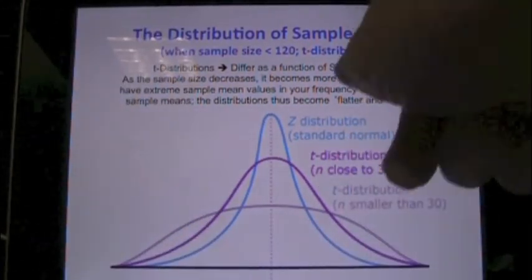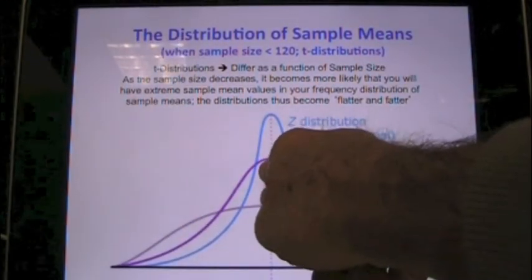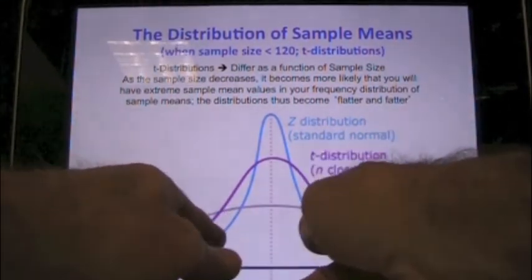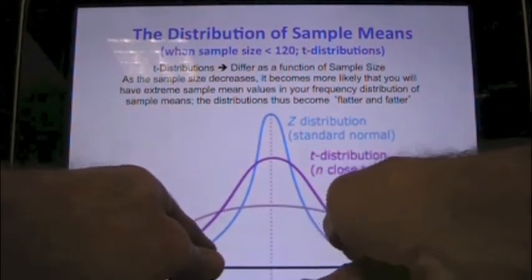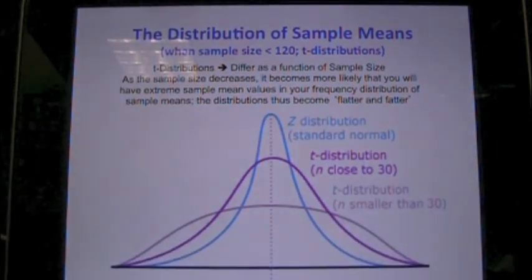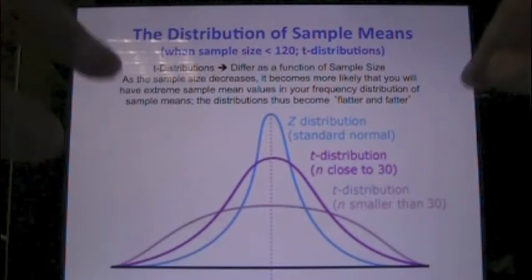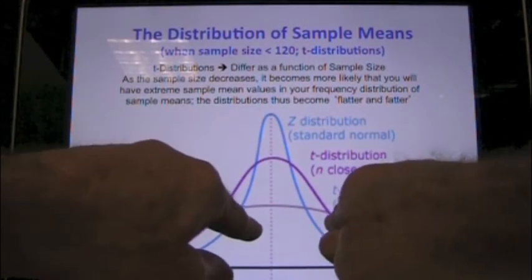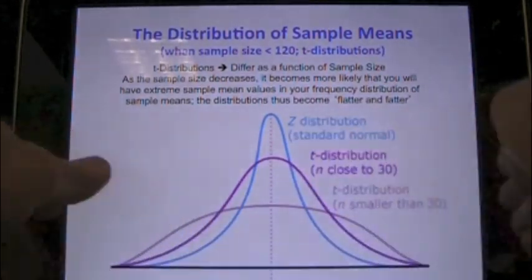If it's a t-distribution which is flatter and fatter, if you move only 1.96 standard deviations out there, you've left a lot of data on the wings. You haven't captured 95%. You have to go higher than 1.96. If the distribution is from sample sizes of 30 or smaller, it's even further and further out there.